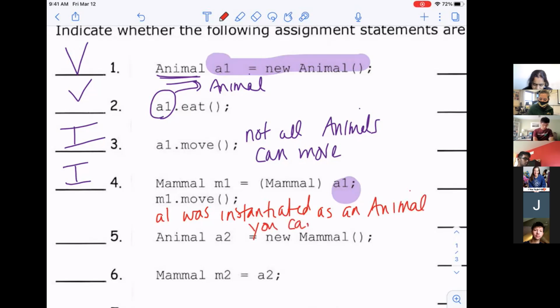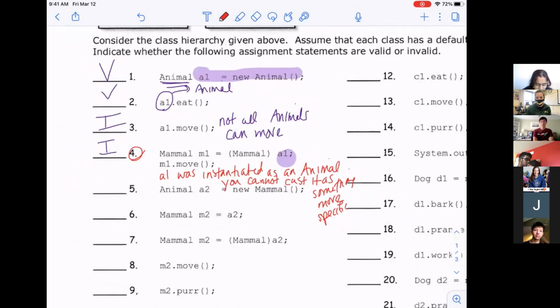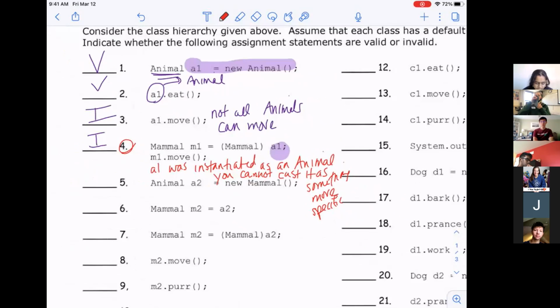You cannot cast it as something more specific. Questions so far?